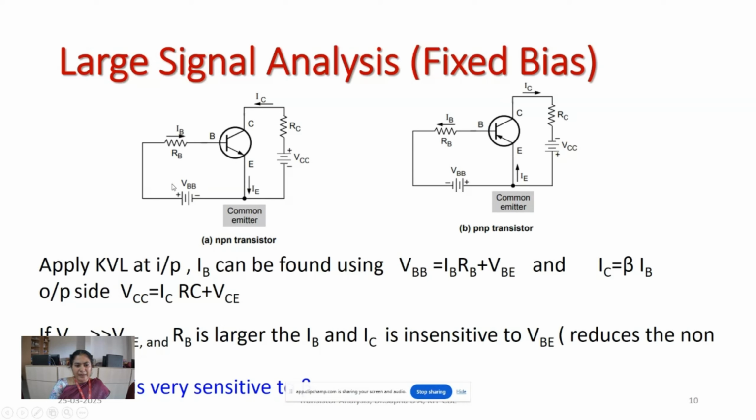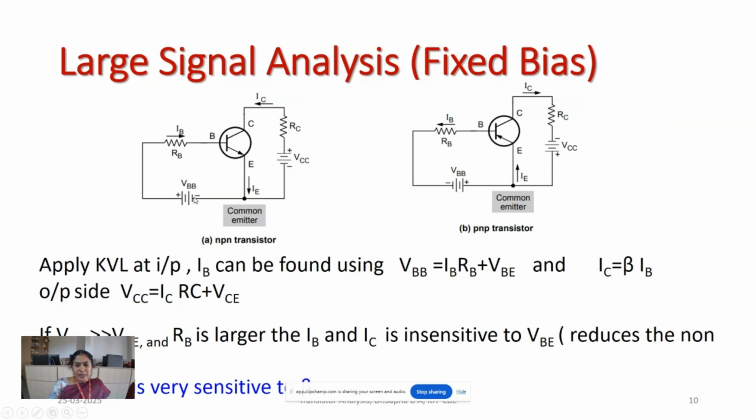Now, applying the Kirchhoff voltage law at the input as well as the output side, we'll be able to calculate the collector current as well as the base current. First we apply KVL to the input side to calculate IB.